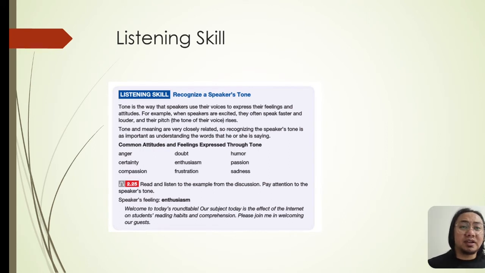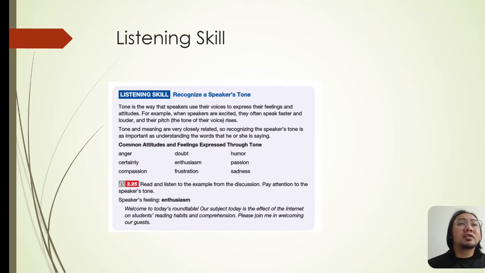If the speaker is trying to entertain you, for example, the speaker might use the tone of humor in the speech. So it's really important for the audience to figure out and understand what is the speaker's tone, so that you'll get the most out of the speech from that particular speaker.